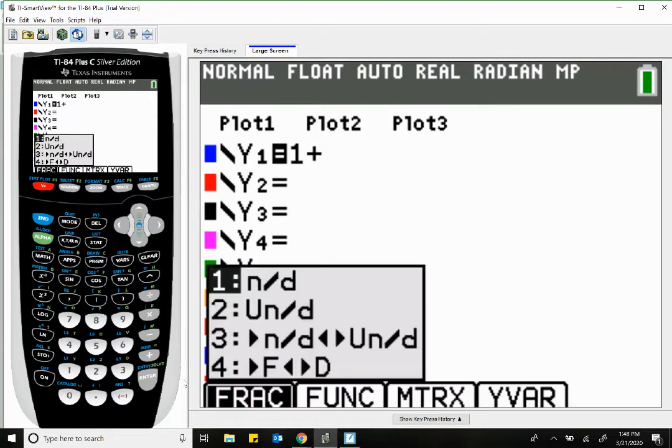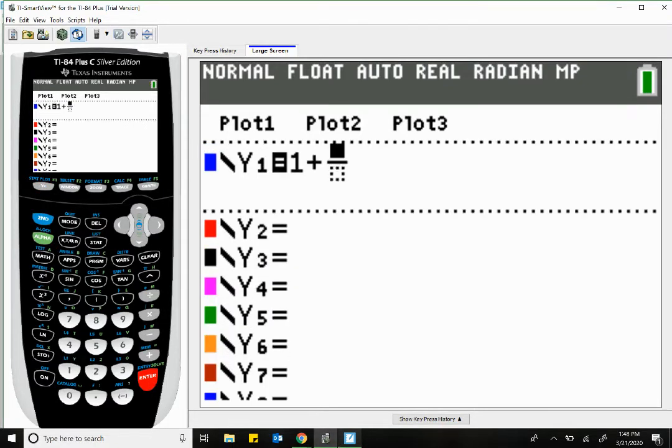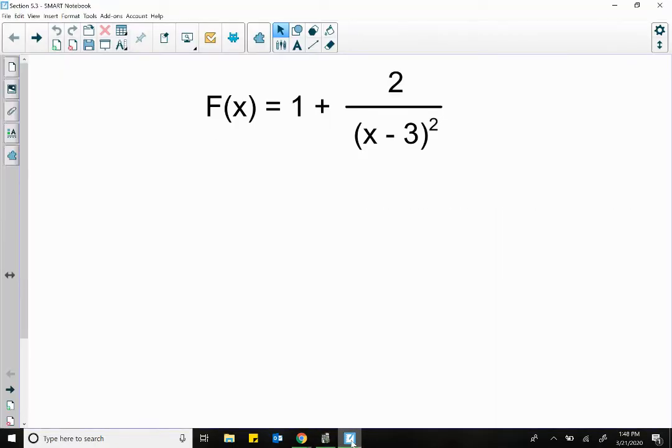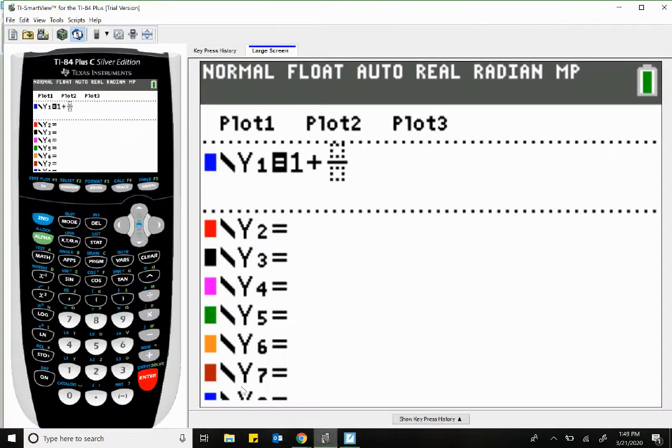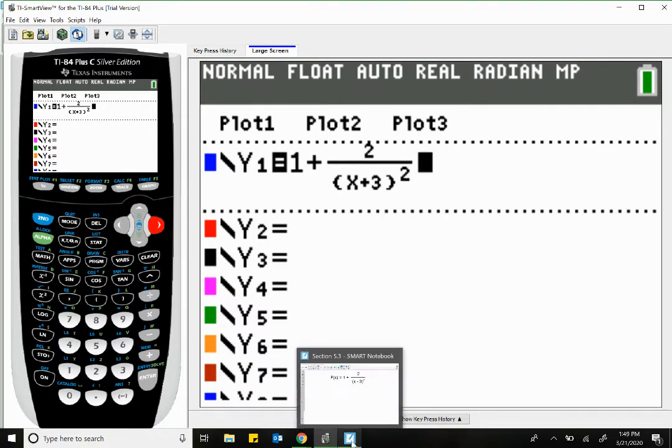Alpha y equals, and our fraction was 2 over x plus 3. There are two of these that are like this. So just for the very first piece, take that calculator out, and let's have it graph. Okay, so there is our rational function.